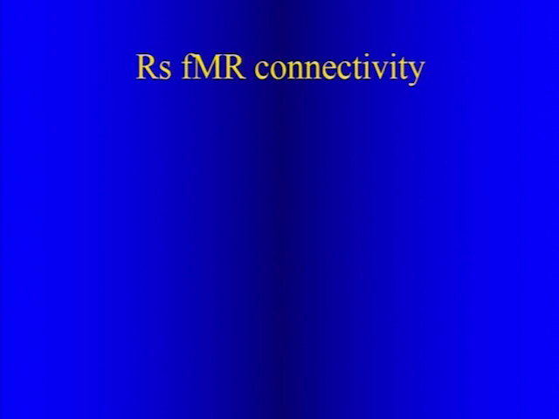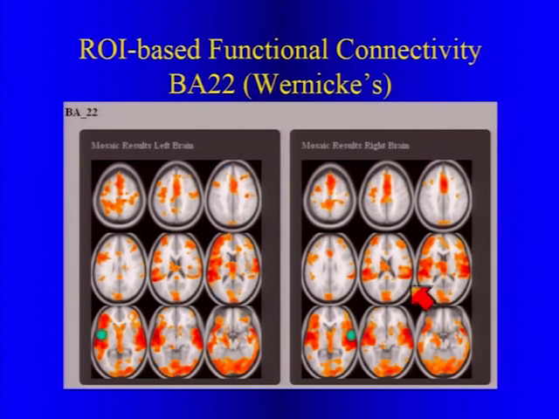Another thing that we're looking at, which has potential, is connectivity. Now, here you're going to have to flip things because left is actually on your left as opposed to right. This is the way this post-processing algorithm works. But we can take a point of interest and seed it, and we can then see what looks connected through this resting state algorithm.